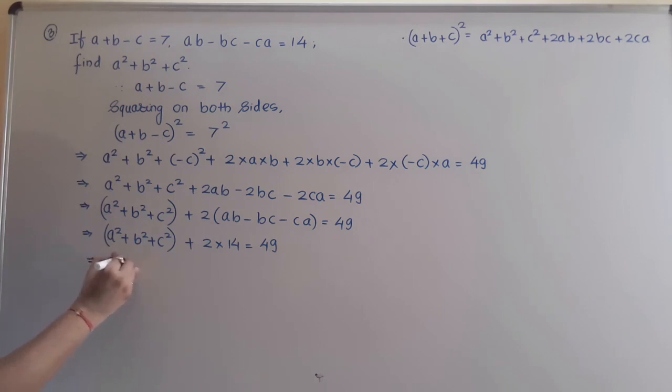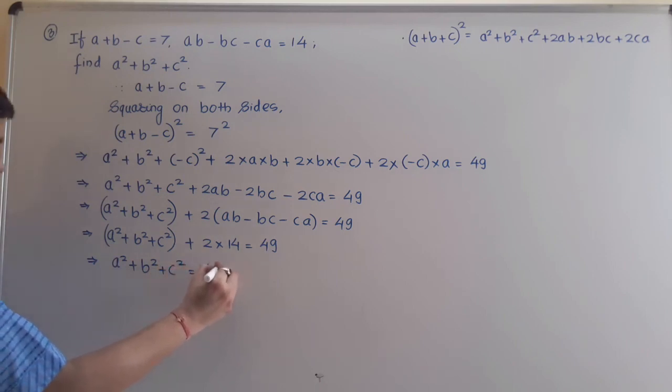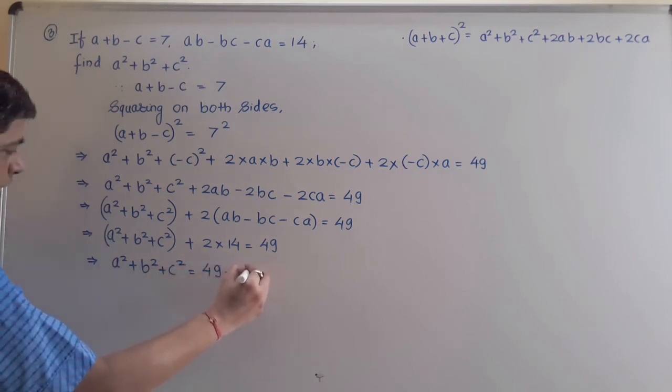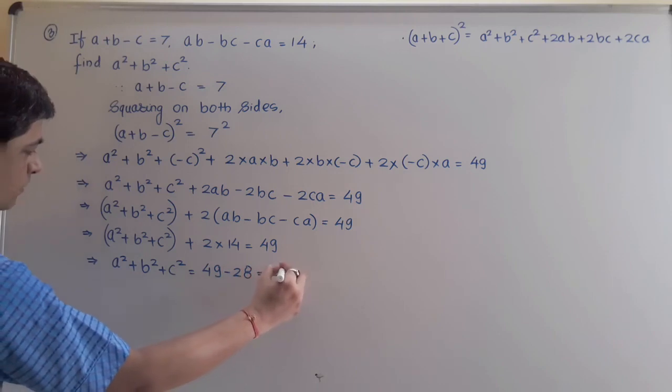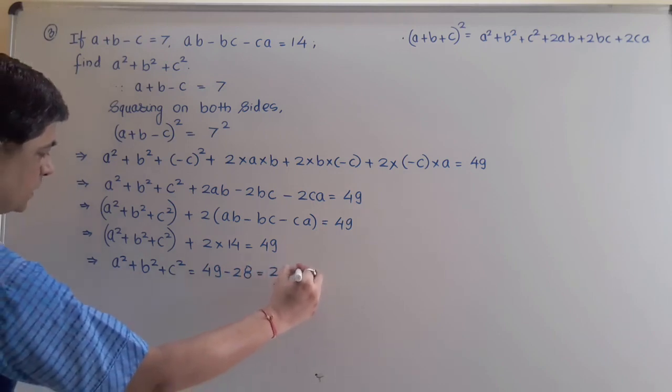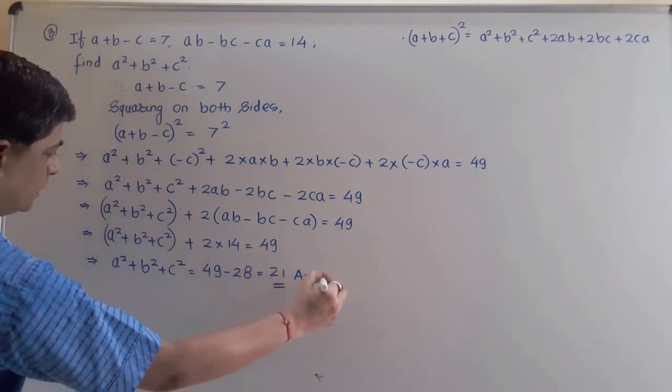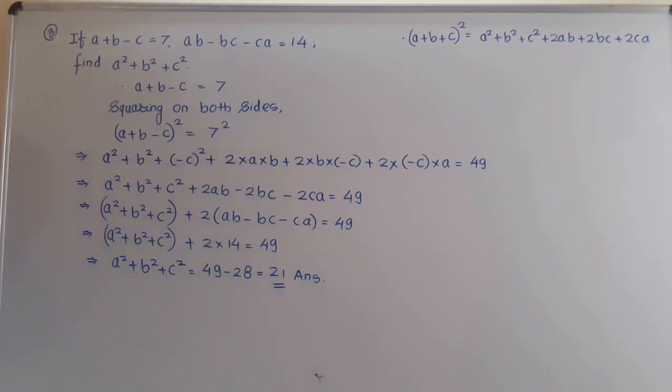So I can say a square plus b square plus c square will be equal to 49 minus 28. That will be remaining 21. This is your answer.